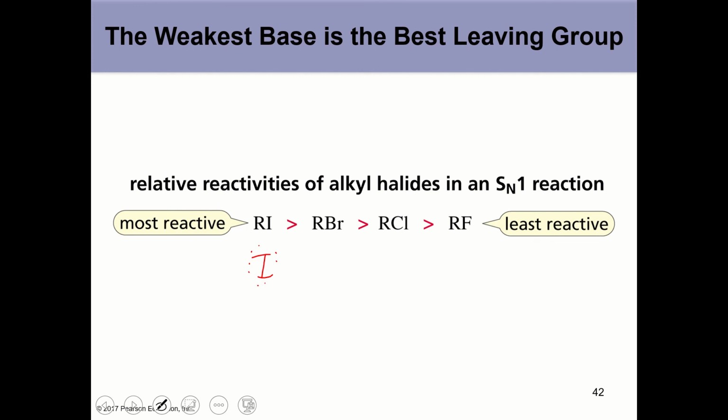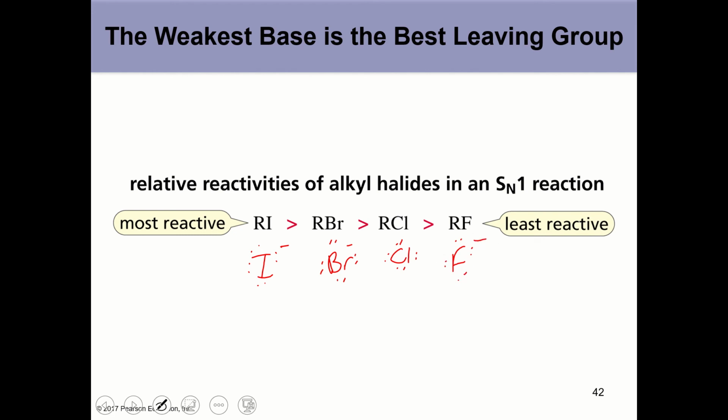So when it's dissociated from the R, it is a base. Iodide is a weaker base than bromide, which is a weaker base than chloride, which is a weaker base than fluoride.